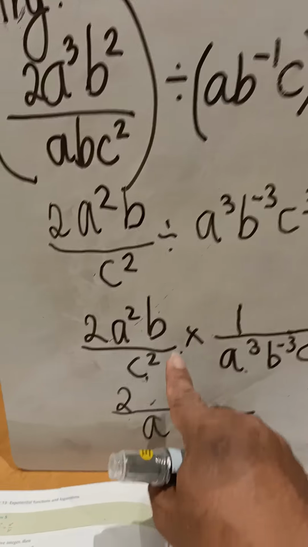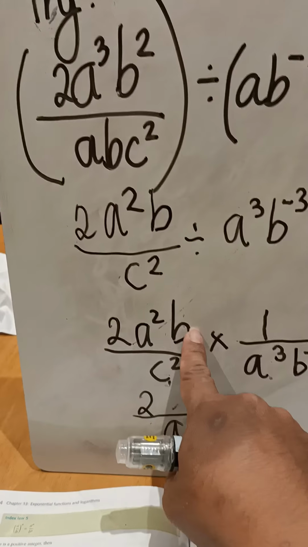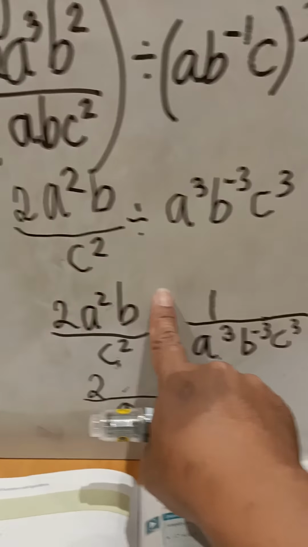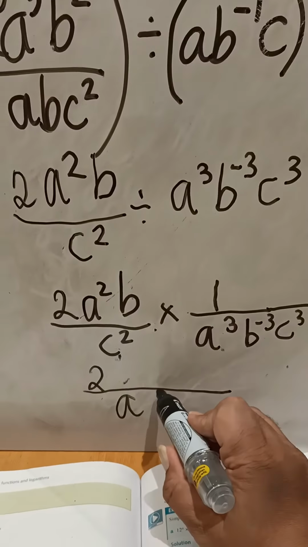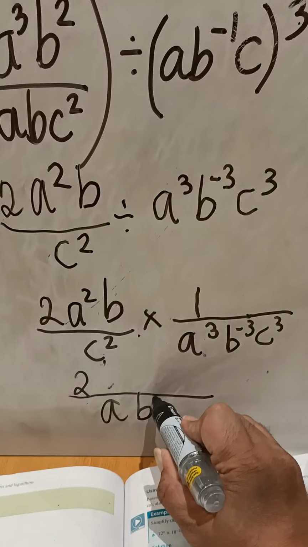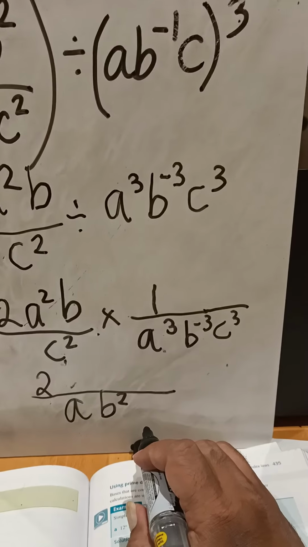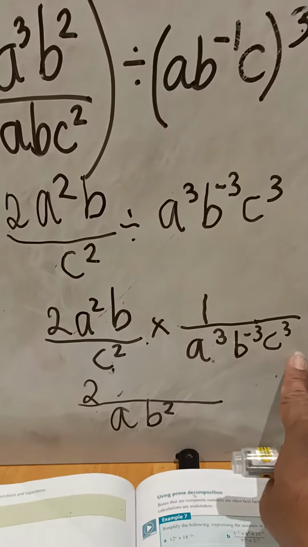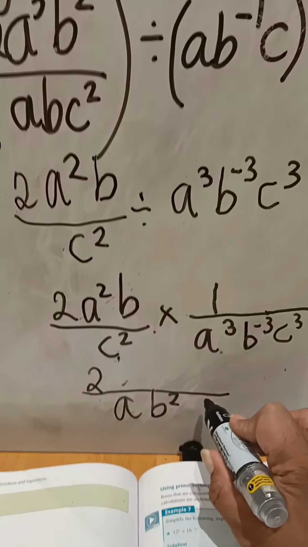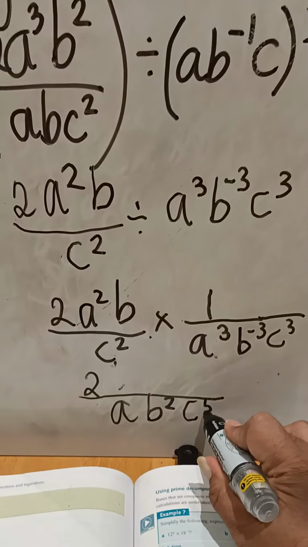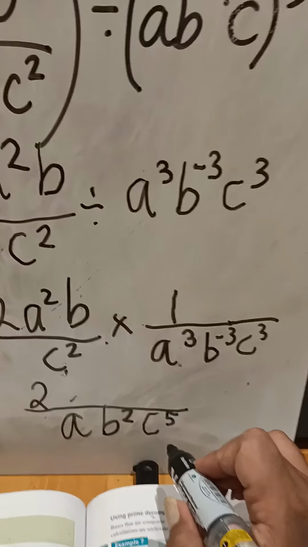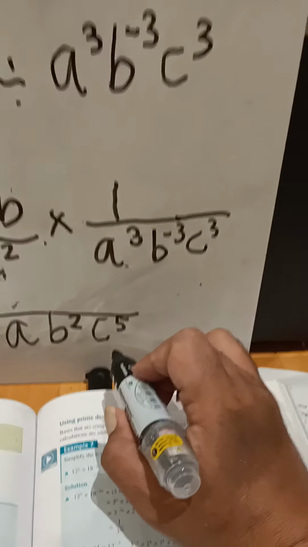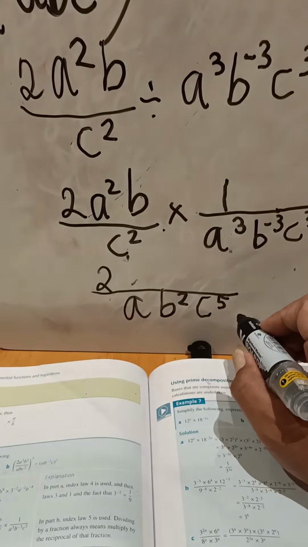And for b, b to the 1 minus 3 would be b to the minus 2, so that becomes b squared. And then c squared times c cubed would be c to the 2 plus 3, c to the power of 5. Get that?